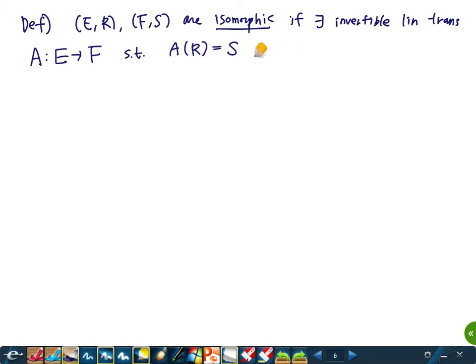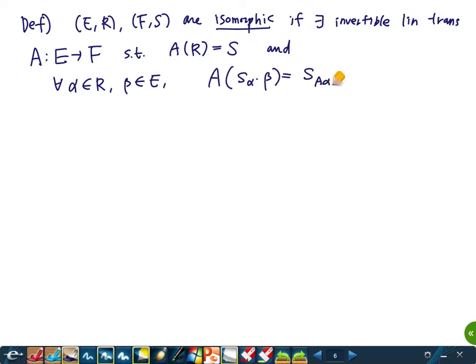And moreover, for all alpha, beta, A of S_alpha beta equals S_{A alpha} A beta. And such a map A is called an isomorphism, as usual.